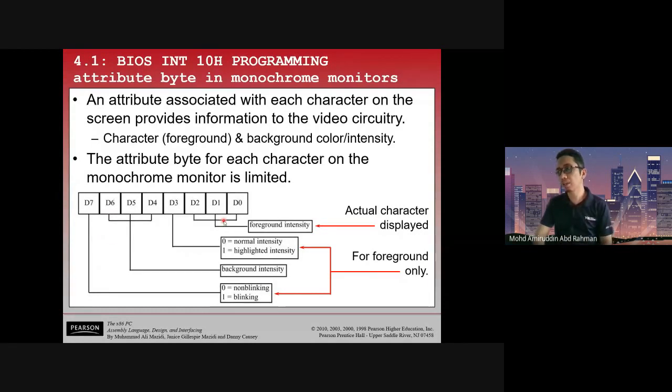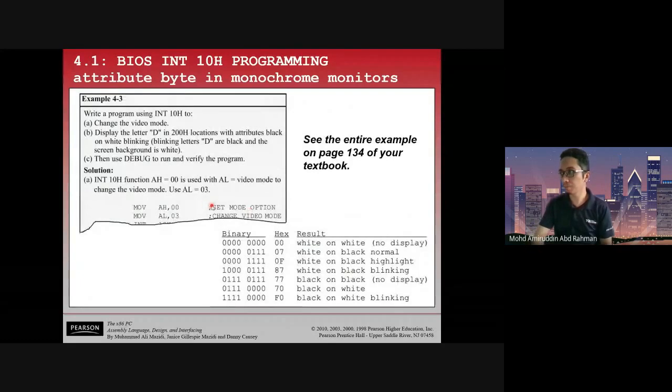And D0 to D2 mention the character, so the character displayed is shown by the attributes D0 to D2. So this is an example in the text.